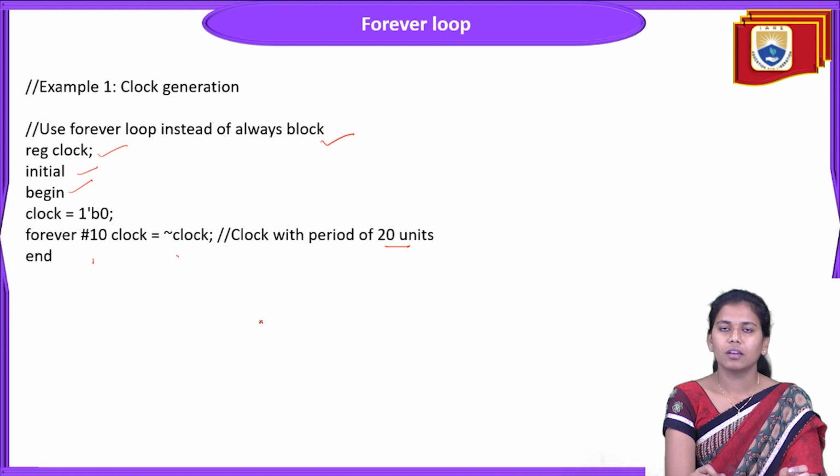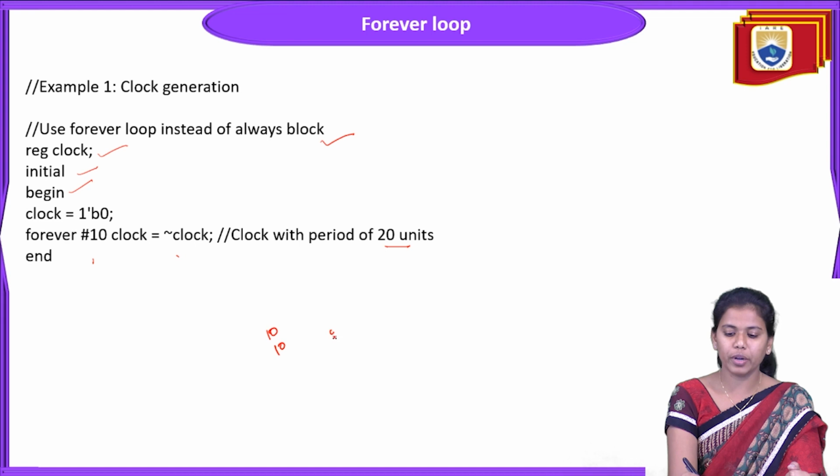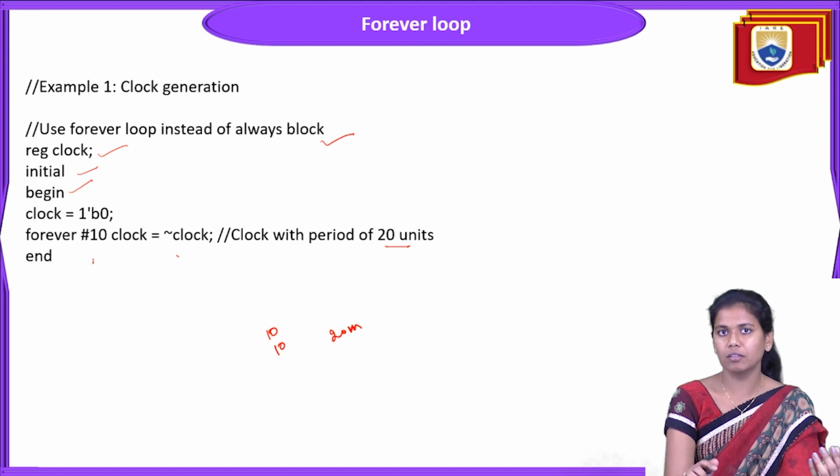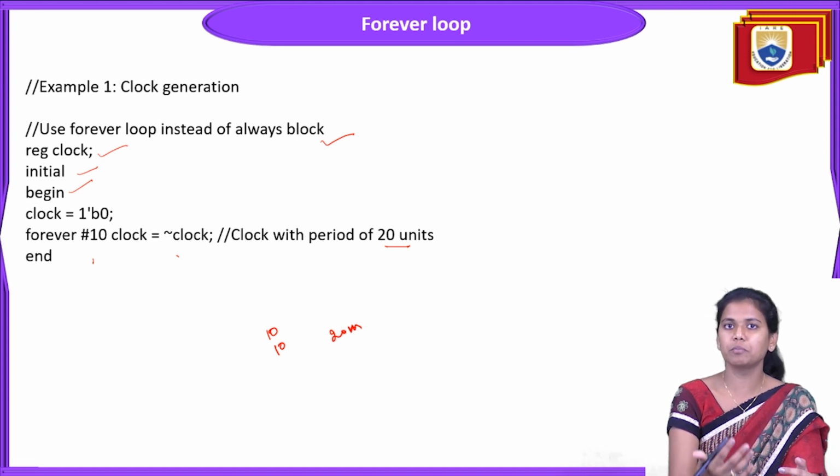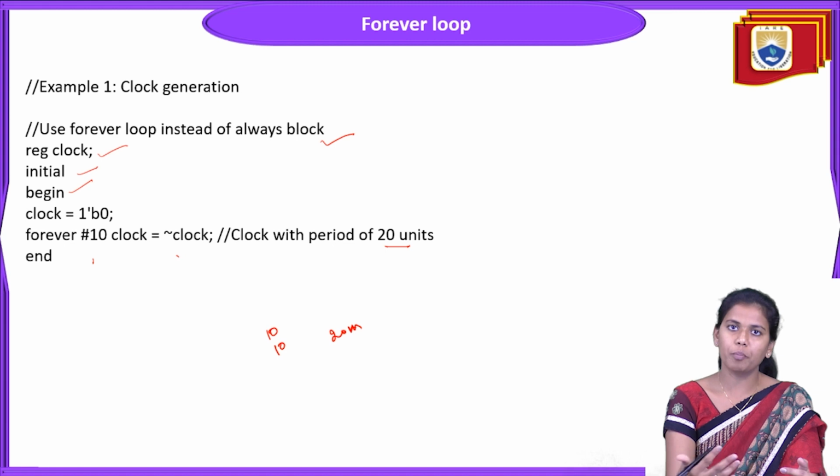For this 10, I'm adding up 10 more nanoseconds. So totally a clock with a period of 20 nanoseconds, I can make the inputs or the outputs propagate.